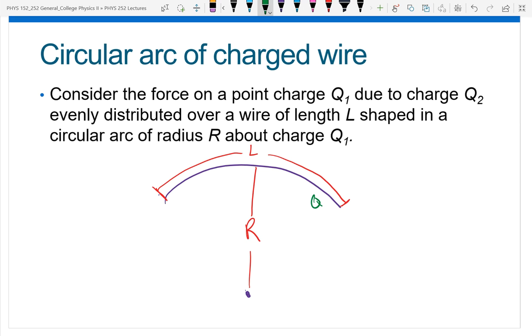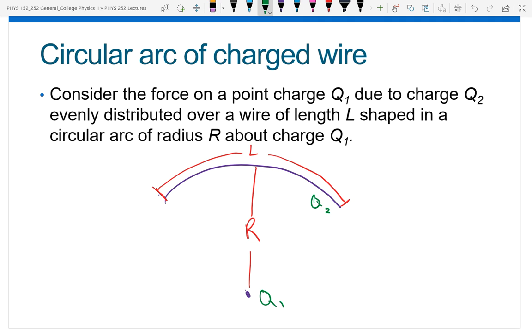So what is the first step I should use in trying to solve this to find what the force is on a point charge? Okay. Consider the force on a point charge of Q1 here due to a charge of Q2 spread out evenly on that wire. So the first thing to do to find the force on charge 1, let's just start with Corso, and I'll just cycle like that.